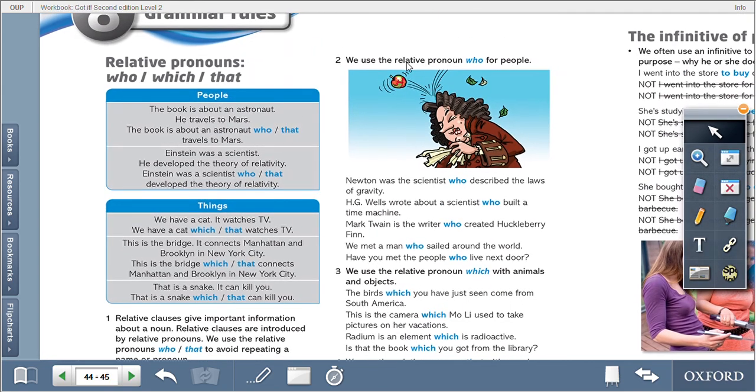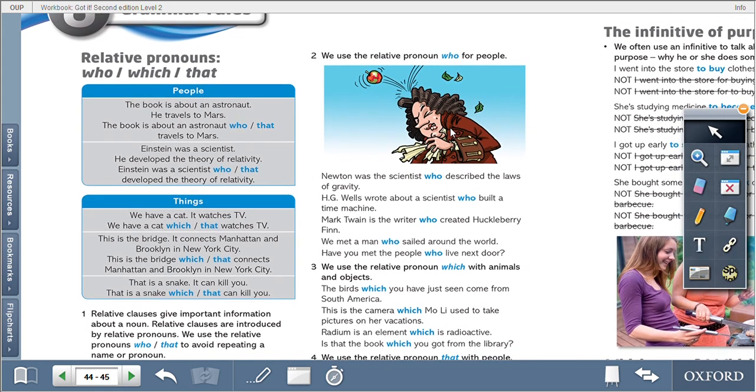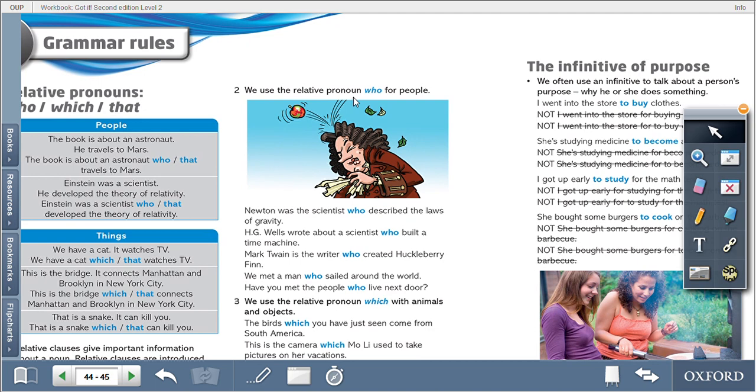Ya, chicos, hay una diferencia importantísima between them. As you can see here, we use the relative pronoun who for people, just for people. For example, if you are talking about Einstein, Gabriela Mistral, a discoverer, a scientist, etc., you're gonna use who, okay?